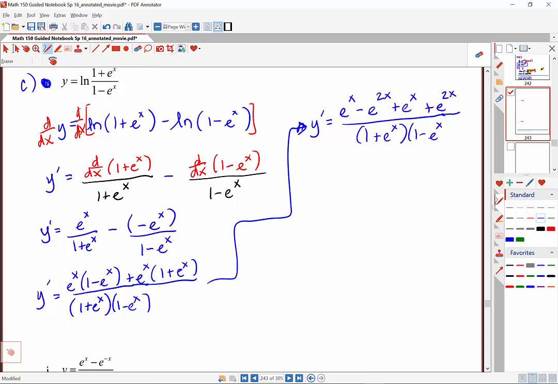So y prime equals, so we'll have 2e to the x's, and the e to the 2x's zero out, and that's going to be over, I'll just keep it in factored form, 1 plus e to the x times 1 minus e to the x. And we're done.